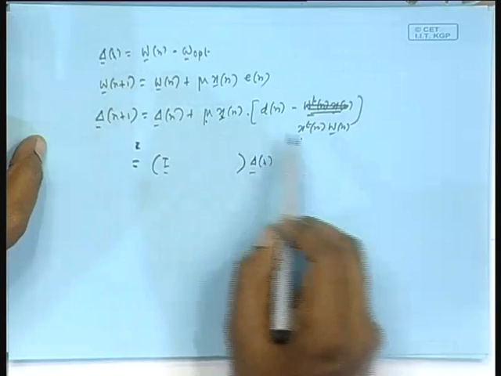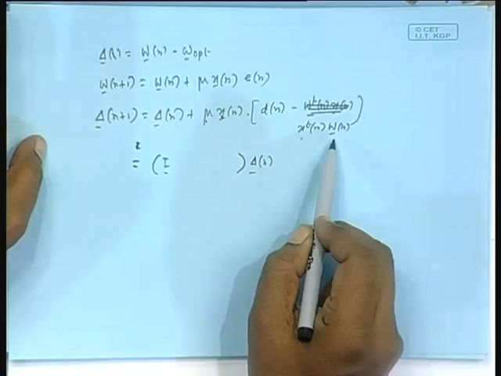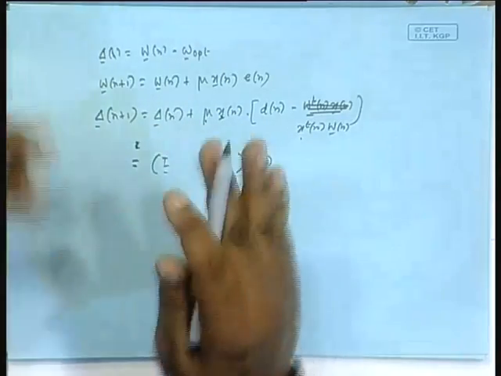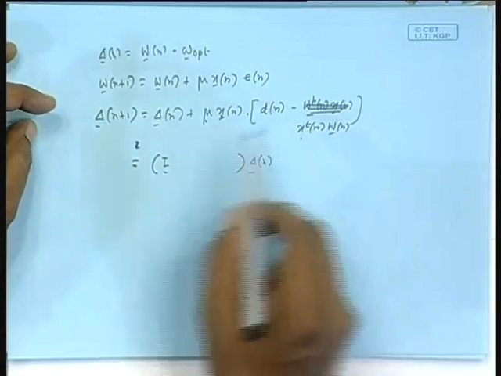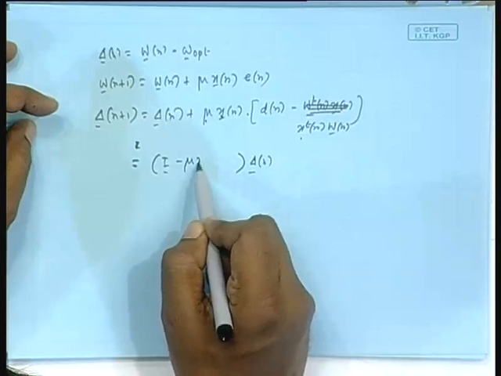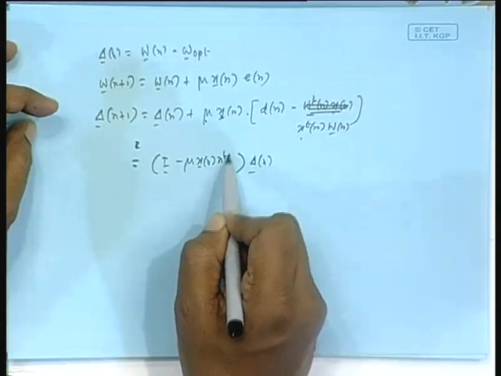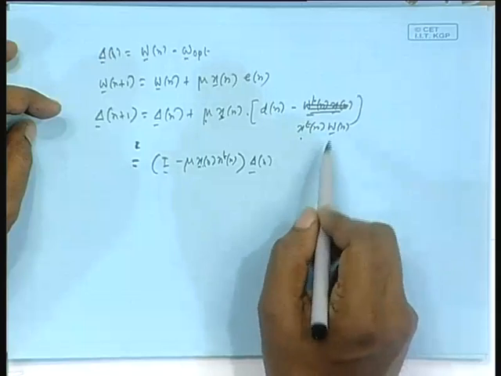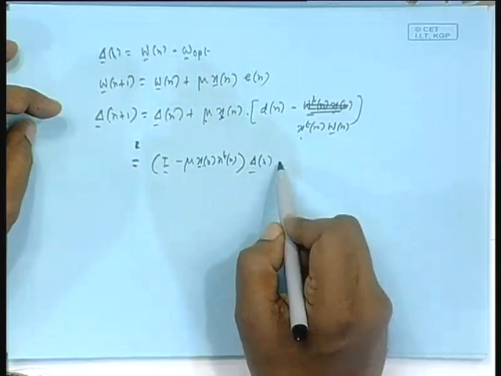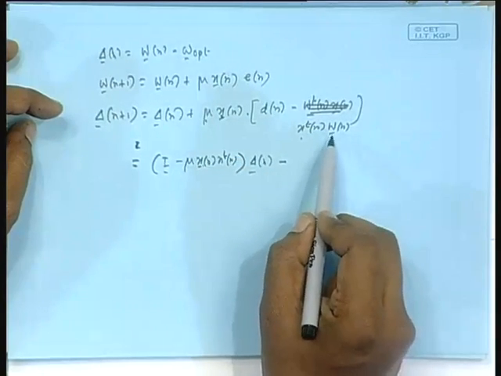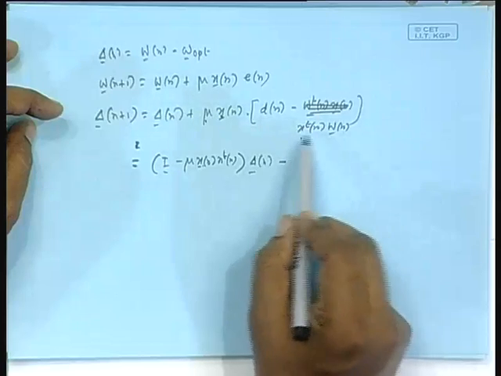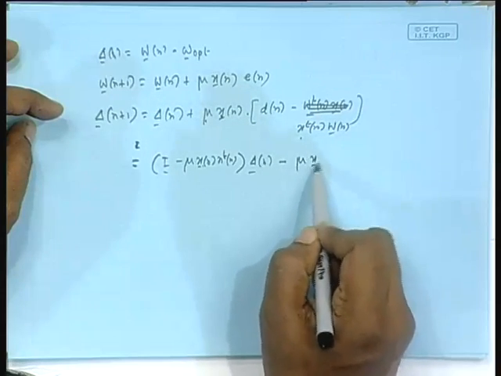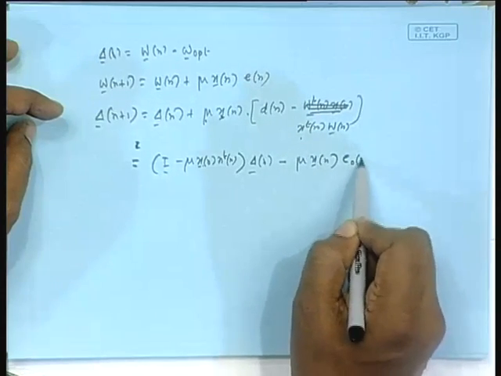So, minus mu x n x transpose n, a matrix, times delta n coming out of W n, and the other term, if you put W opt here, d n minus this part is the E o n. So, mu x n E o n.